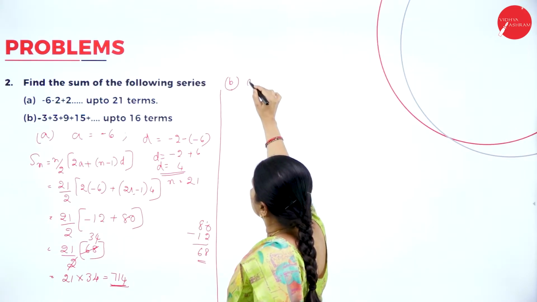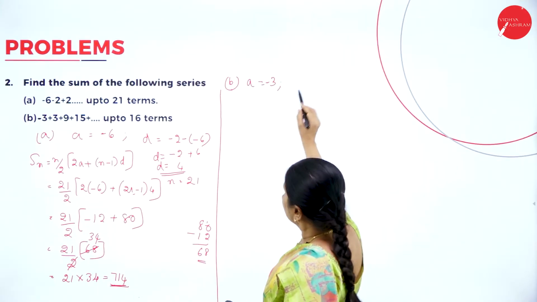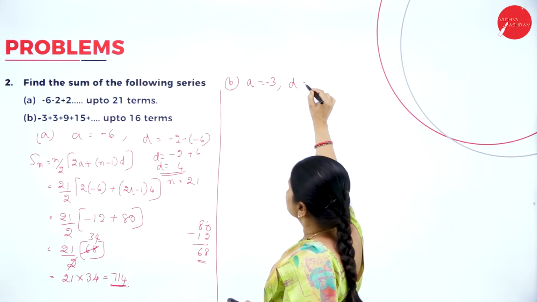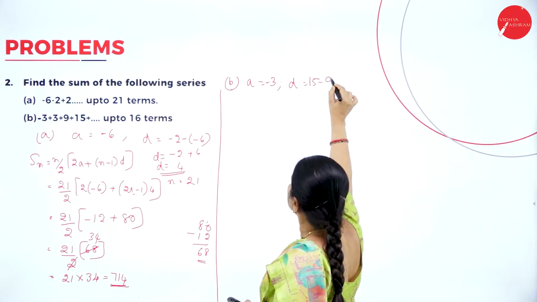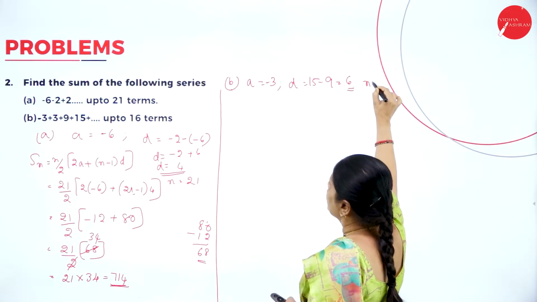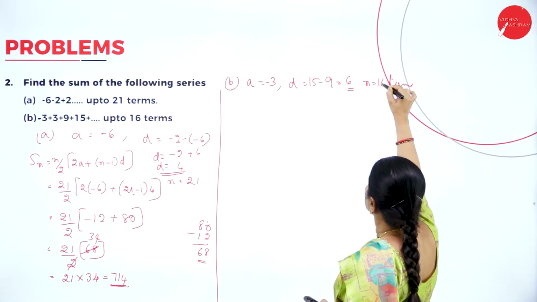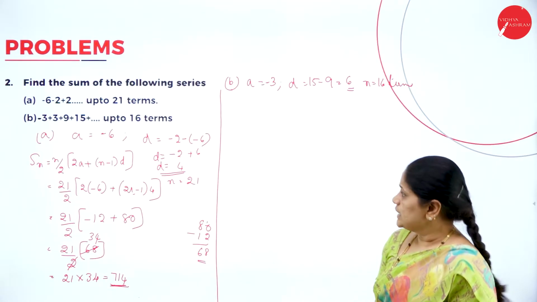So, what is A here? A equals minus 3 and D equals 15 minus 9, so this is equal to 6, and N equals 16 terms.